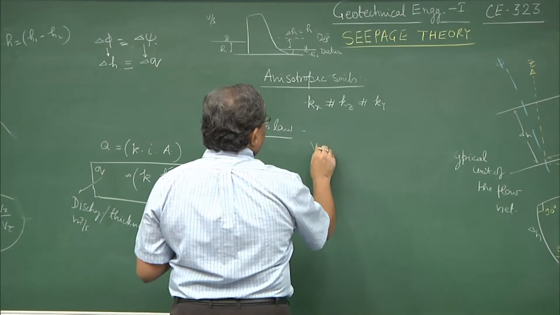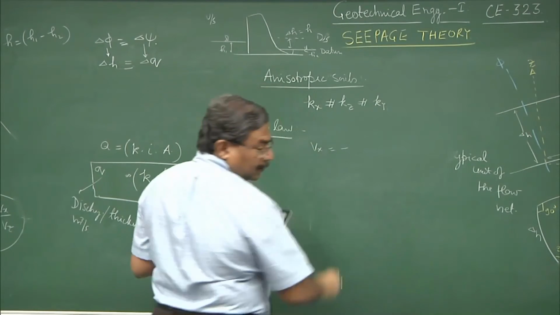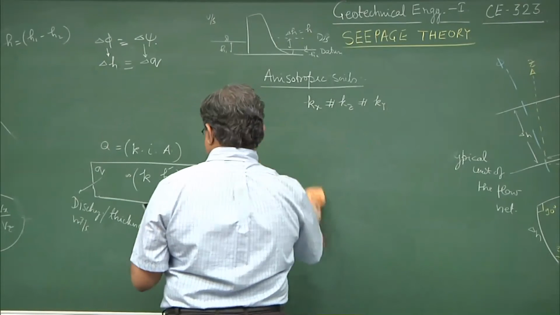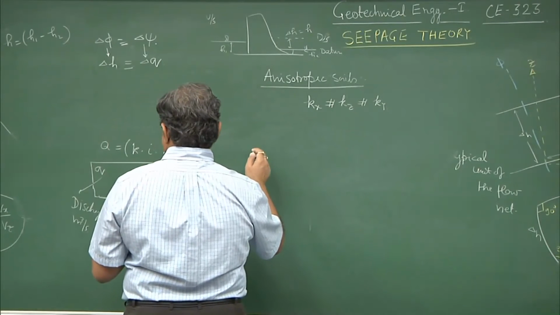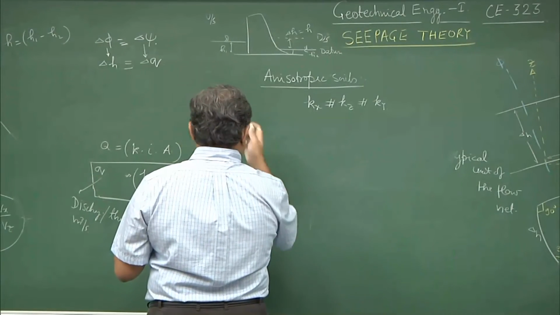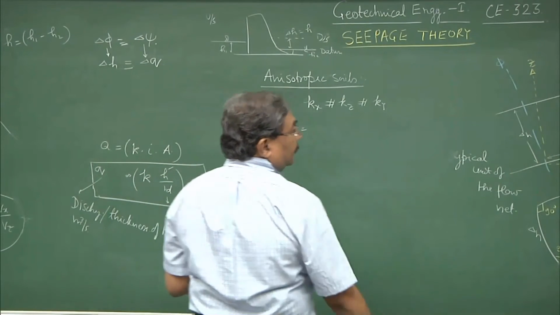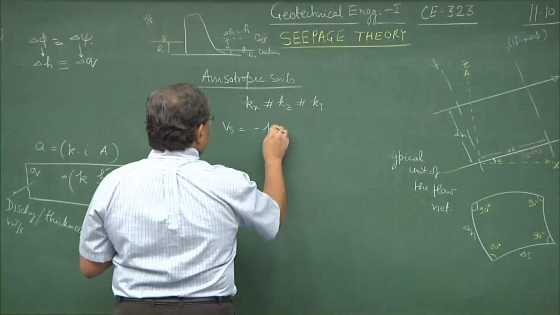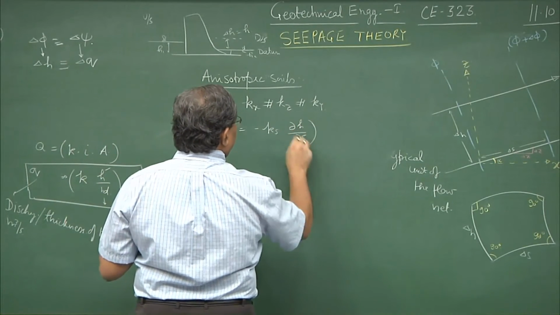And I can say V x equal to minus k x. This is already written there, so I can use this function. I can say V s equal to minus k s into del h upon del s.